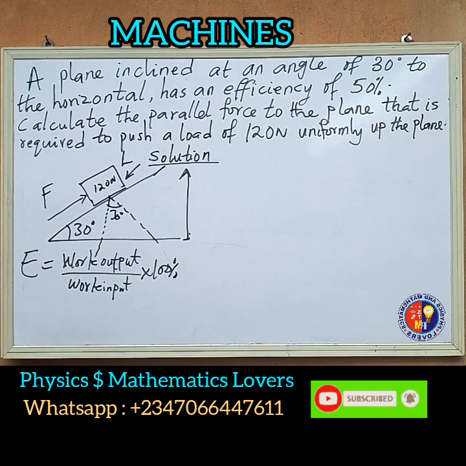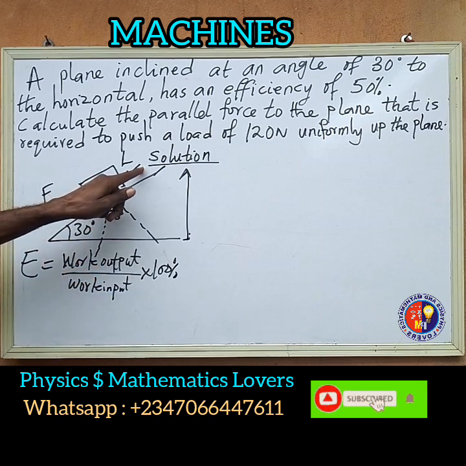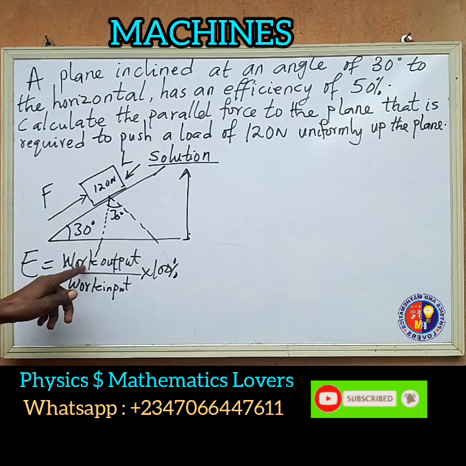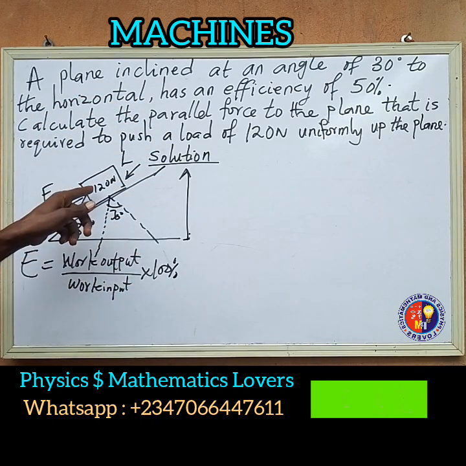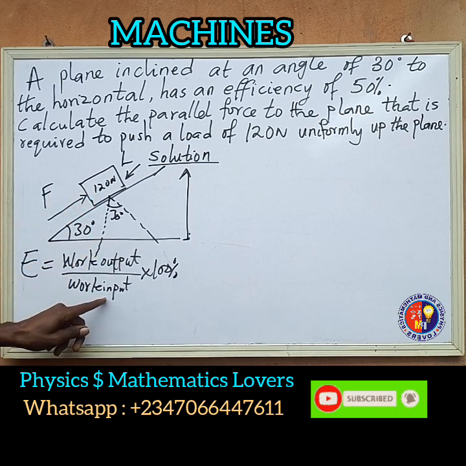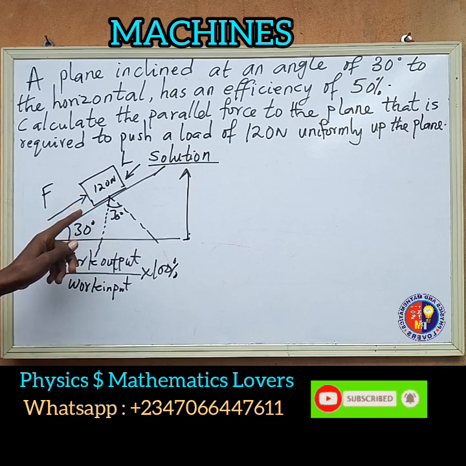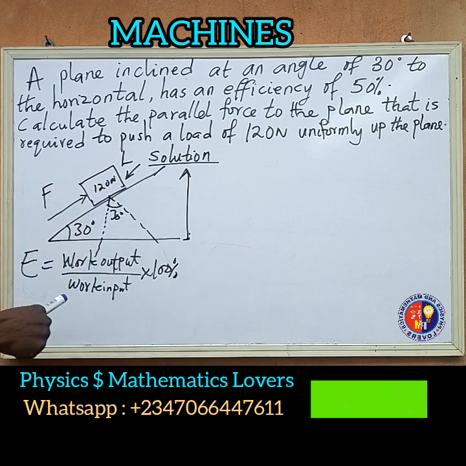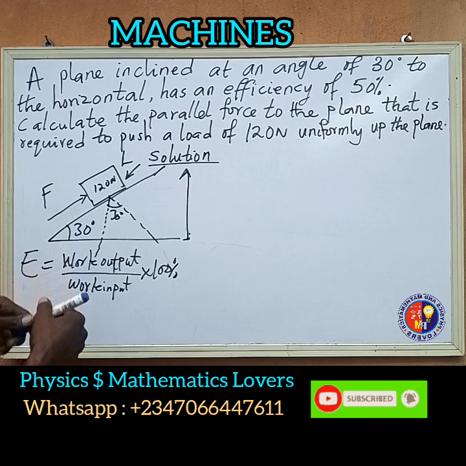What is your work output? Work output is the load that you need to overcome, so that is the distance moved by the load multiplied by the load itself. That is the work output. While work input is the distance moved by the effort multiplied by the effort.